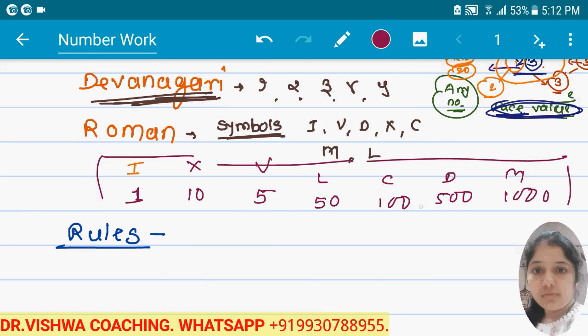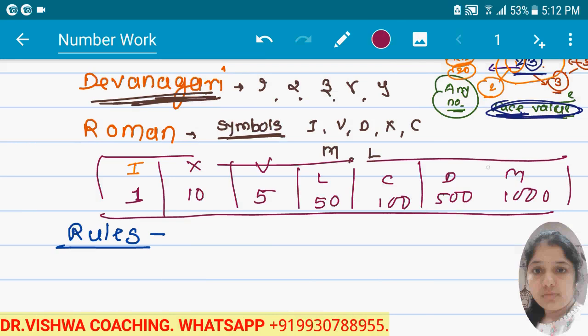I already explained this in the last session, the first session of our lecture. I hope all the kids are understanding what is going on. These are the international number values, or you can say our English numbers, for the Roman symbols.